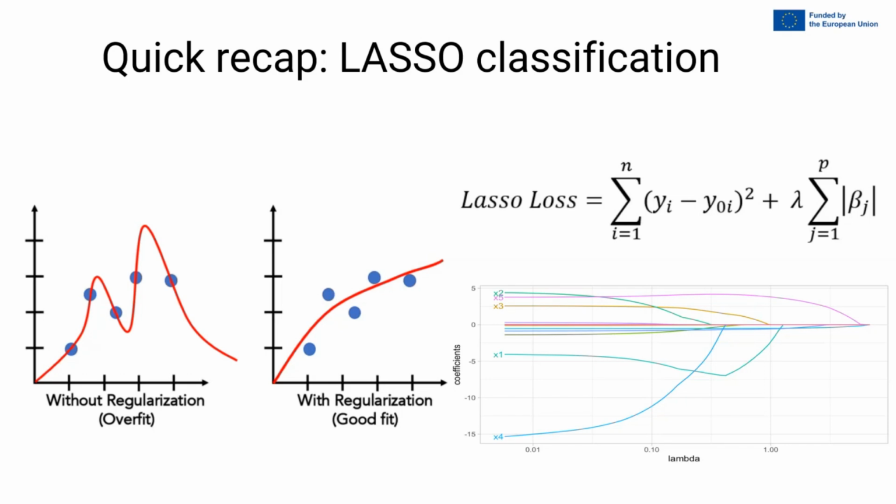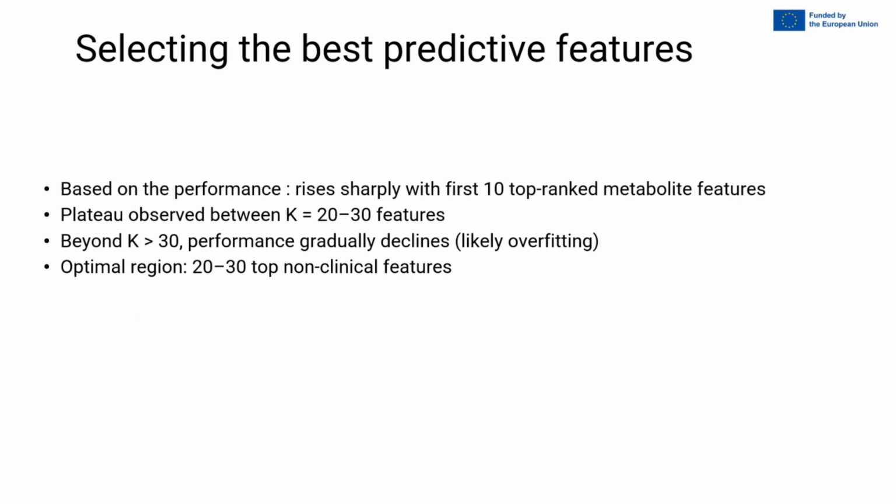Next slide, please. Yeah, and then we derived the optimization function based on all the metabolites versus the AUC. There is no figure, because of the confidentiality I couldn't put the figure.